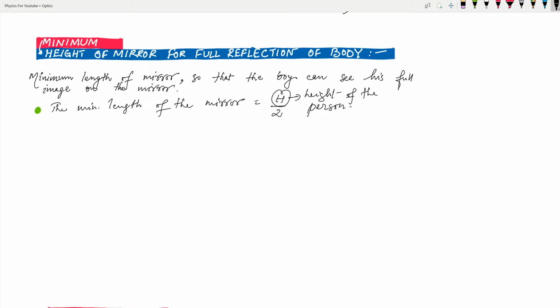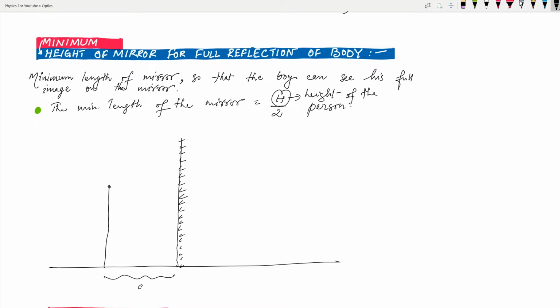So let's derive this. I can leave it here, but for students that want to know, I will give away the derivation. So let's see the derivation, how it is happening. Suppose this is the mirror, and this is the back side of the mirror, and this is the person standing at a distance d from the mirror.